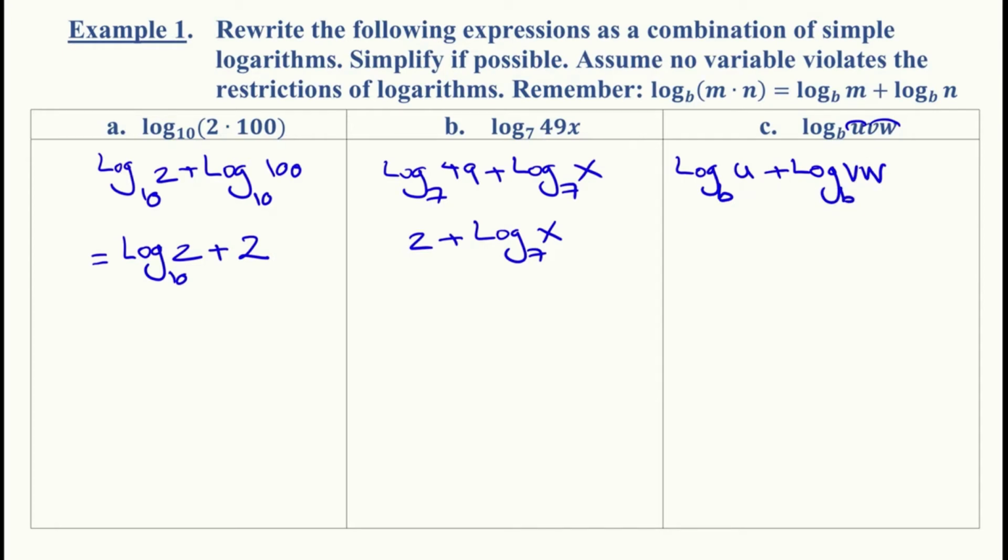So we end up with log base b of u plus log base b of v plus log base b of w. Now normally we don't show this step. We understand this, and from this point forward, when we see that, we know that that's just going to be the sum of the log of each factor anyway. So normally we jump from this to this outcome and we bypass that step.